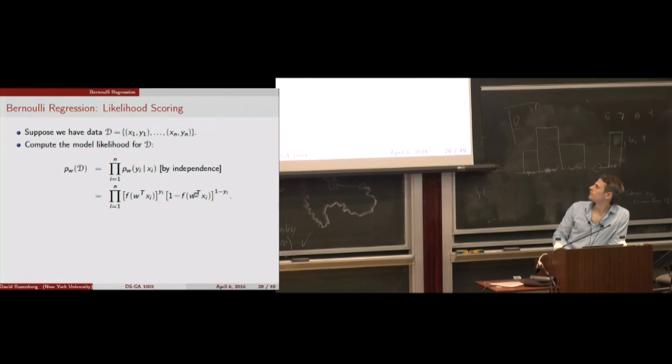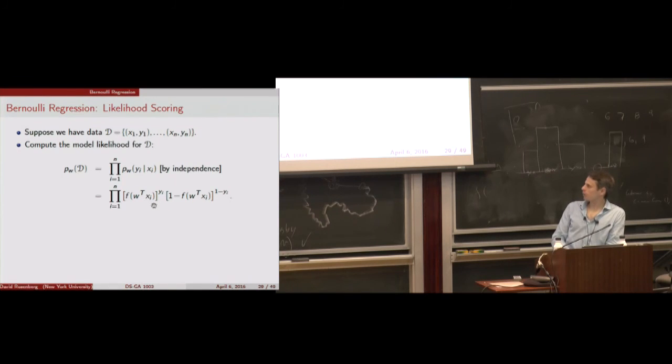Theta, or the probability of 1. If yi is 1, what happens to this factor? If y is 1, this exponent is 0, so this factor is 1. So we're left with just the first piece.